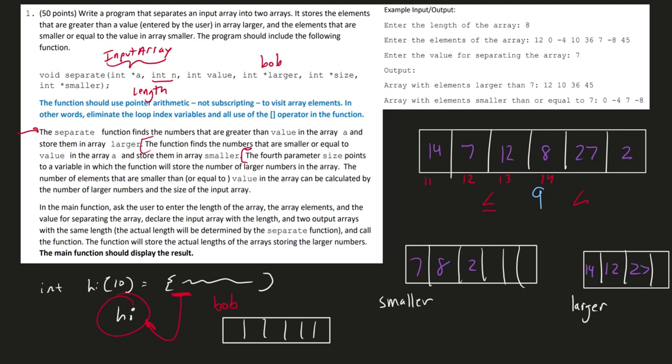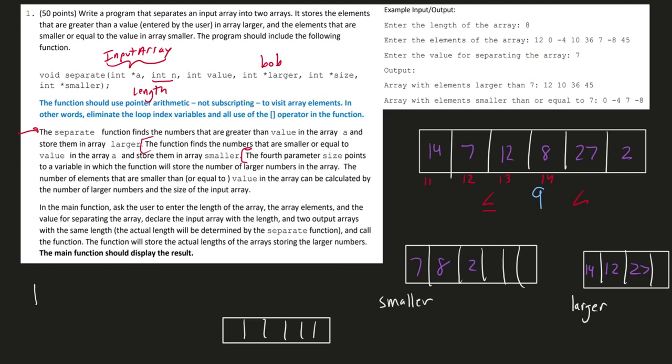So, the fourth parameter size points to a variable in which the function will store the number of larger numbers in the array. Now we got to be very careful how we break this down. So the fourth parameter size points to a variable in which the function will store the number of larger numbers.